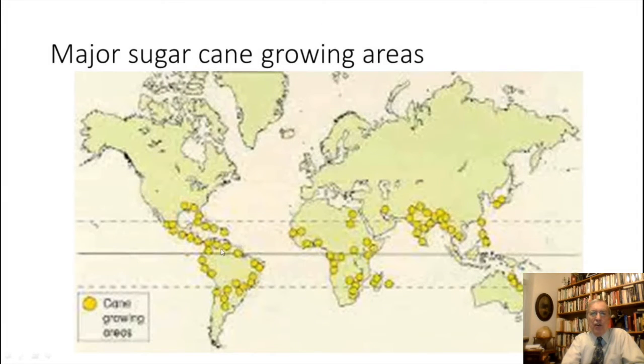Some in Mexico, coastal South America, some in coastal Africa, some in Egypt along the Nile, a lot around India and Southeast Asia, the Philippines, even southern Japan produces some sugarcane. And northern Australia, which is, of course, closest to the equator. Remember, the latitudes are flipped, so to speak. So northern Australia is hotter than southern Australia.